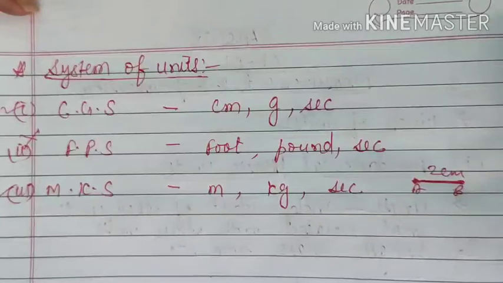I'm not saying that you cannot use it in physics, but the fact is in chemistry we need to measure things in small quantity. For example, if you are carrying out any experiment, suppose you have to make a solution of salt and water for an experiment, then obviously you will take a test tube and you will put some water in it, that means in a very less amount, and some salt.